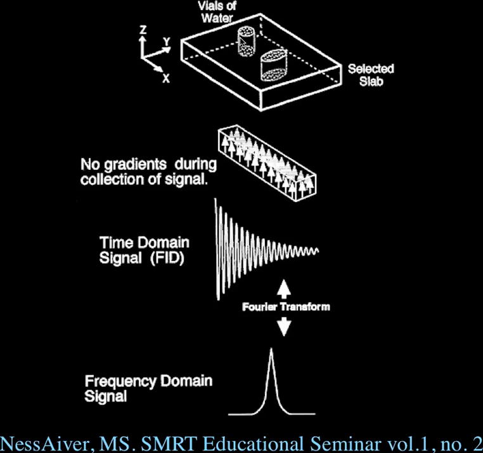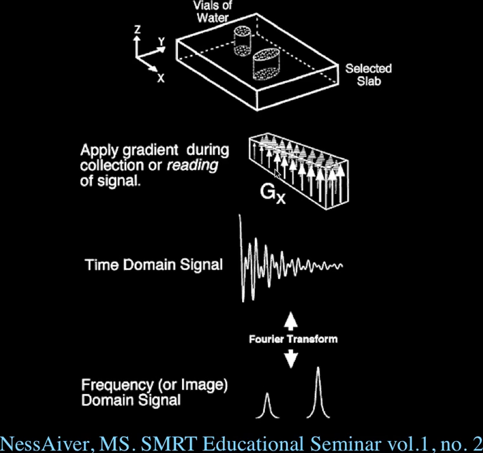So here's just that water. Here's a beaker of water here, a bigger beaker of water there. If we have no gradients, we get a nice signal coming from both of them and a single peak, but we have no spatial information. If we put a readout gradient, or a frequency encoded gradient, on, where the bigger beaker is at a higher frequency, we end up with a very complex signal.